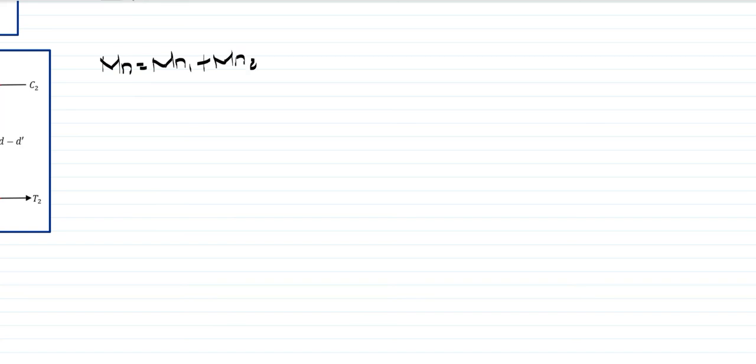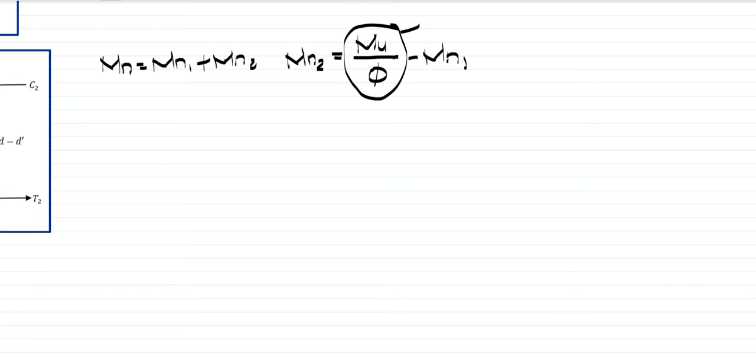So Mn2 is equivalent to Mu over phi minus Mn1, since this Mu over phi is the nominal moment.